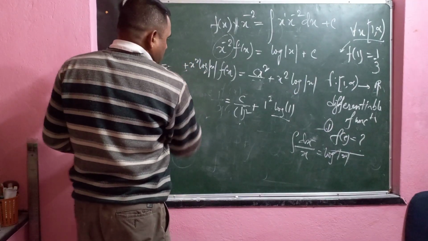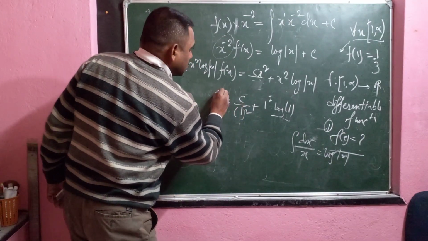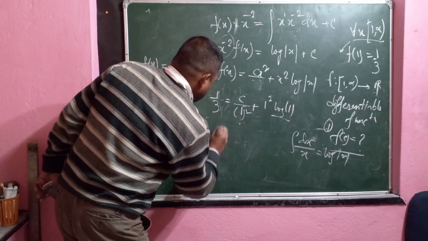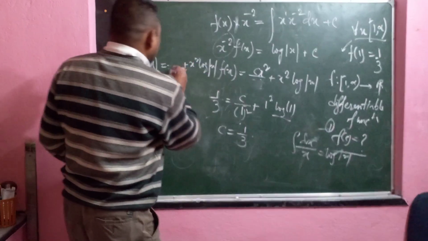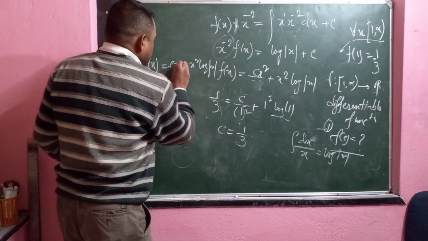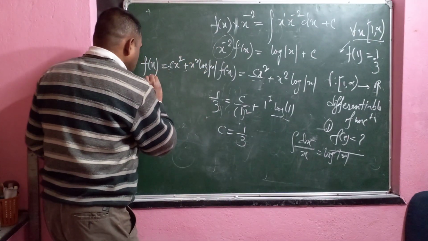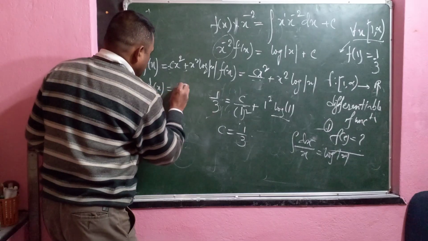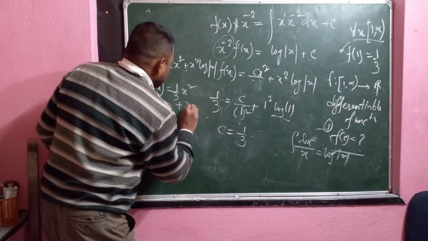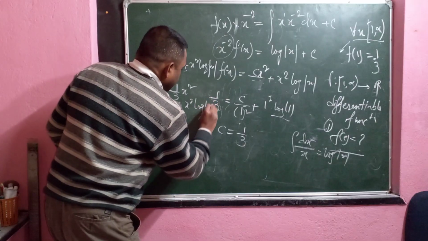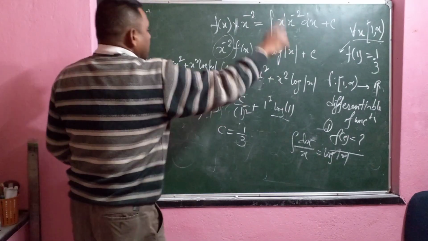So 1/3, so c will be 1/3, but this will be cx square. So f(x) is 1/3 x square plus x square log x. Actually, when I multiplied, I forgot that this is x square.